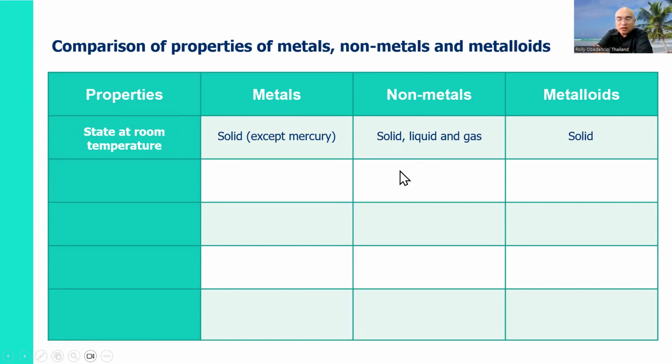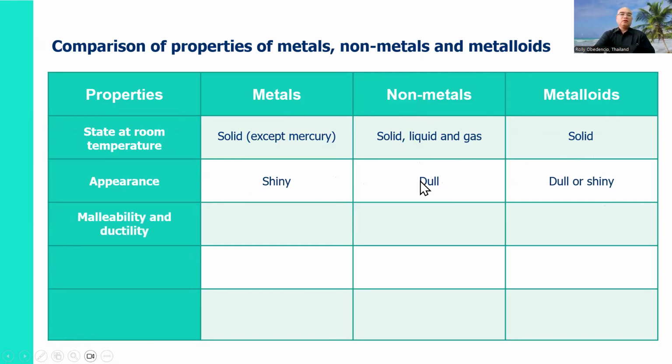The metalloids are solid. Now the appearance of metals is shiny, nonmetals are dull, and metalloids are dull or shiny. What about their malleability and ductility? Metals are malleable and ductile. Nonmetals are brittle and non-ductile.